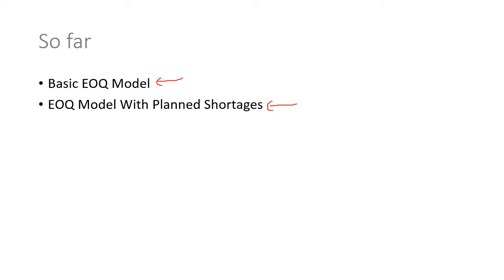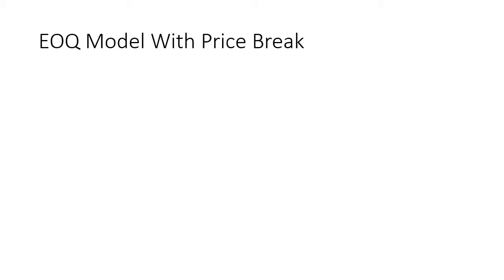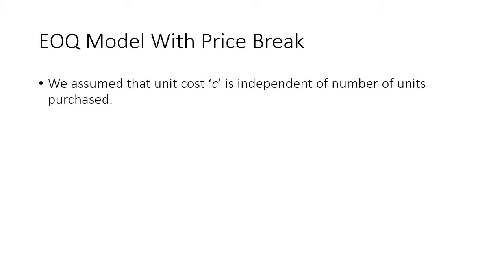Let us move on to the third model in this category of deterministic continuous review models. So far, we assumed that the unit cost C is independent of the number of units purchased. So it doesn't matter how many units we order or produce, the unit cost remains the same. If we place an order for 1000 units, 10,000 units, 1 lakh units, 10 lakh units, the unit cost remains the same.